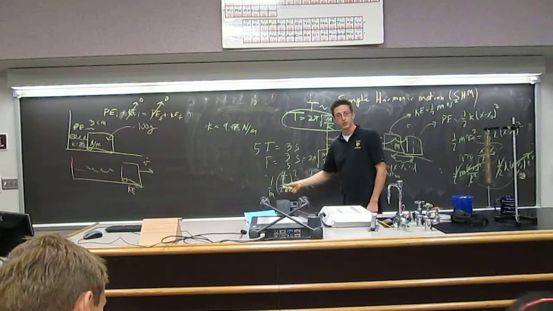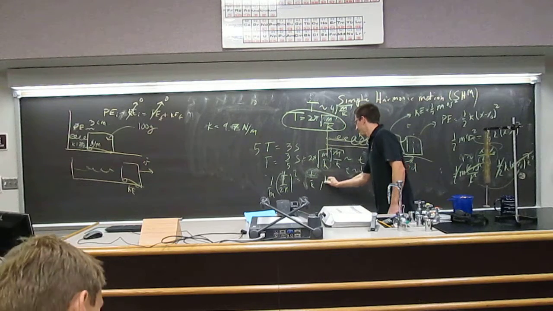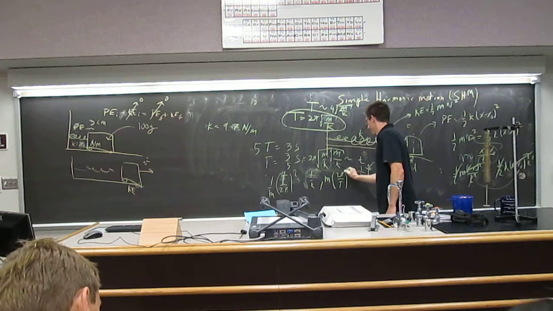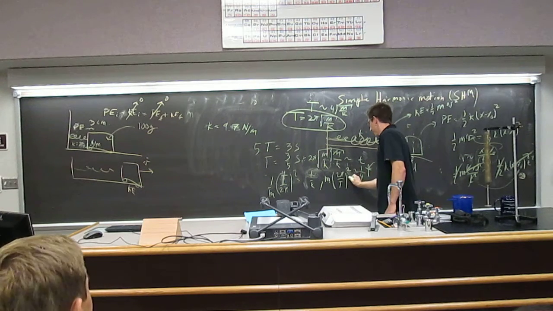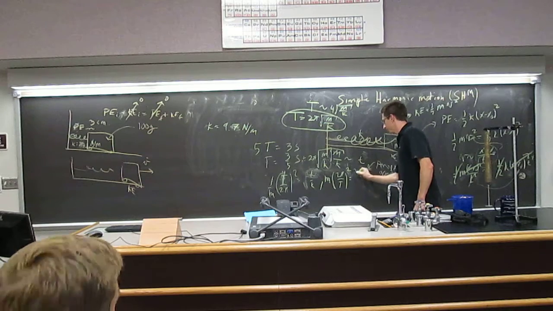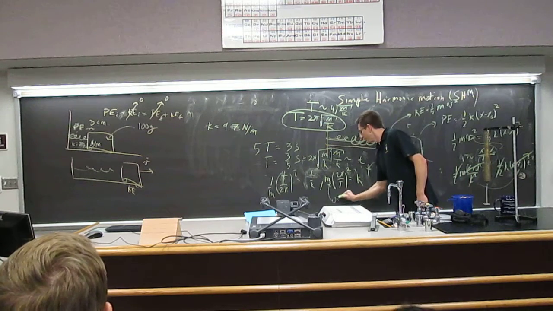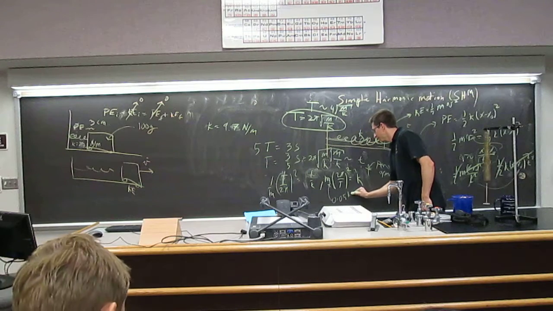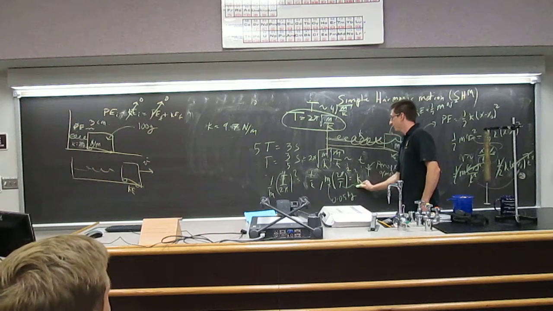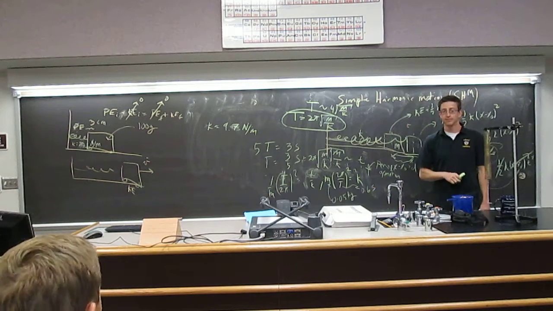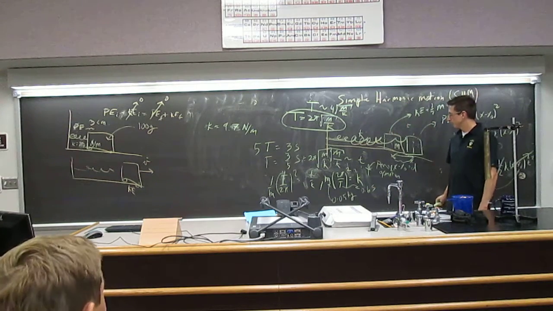Take the reciprocal of both sides. This equals k. Plug in 0.05 kilograms here, 3/5, so 0.6 seconds per period there. And then see what you get for k.